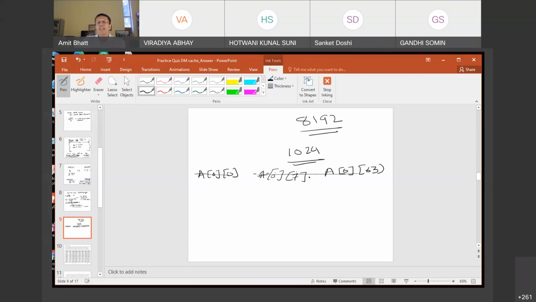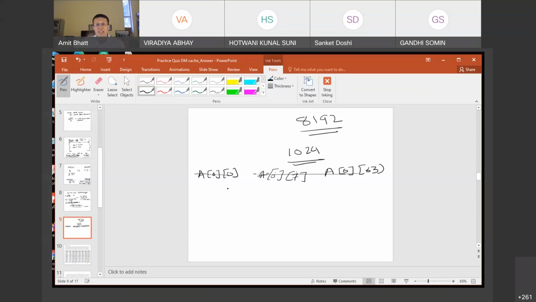Cache size is already given to you. You have 8192 elements, and if you don't have any other information regarding the second level memory size, then you can say that size is 8192. Theoretically, that is going to help you. And the size of the cache is only 1024.